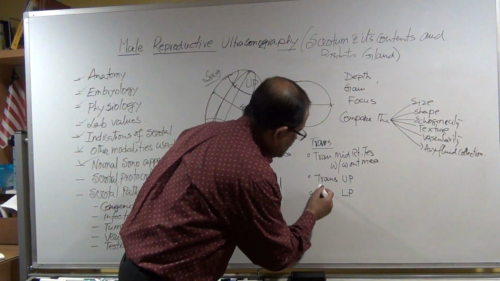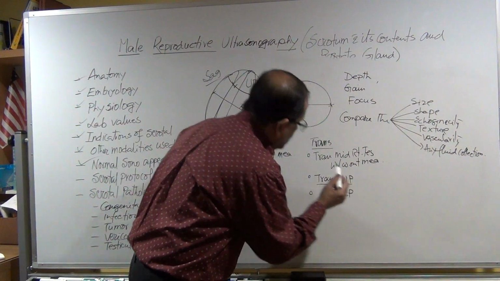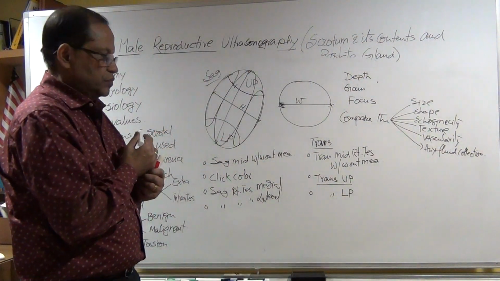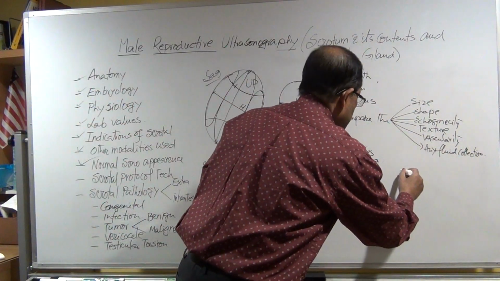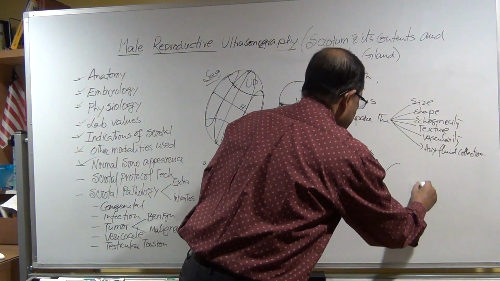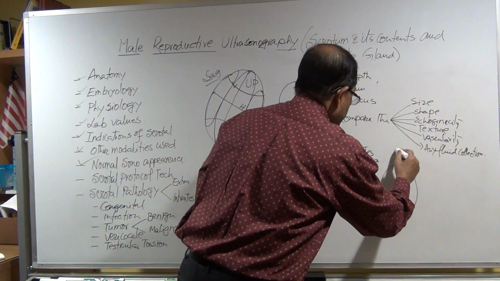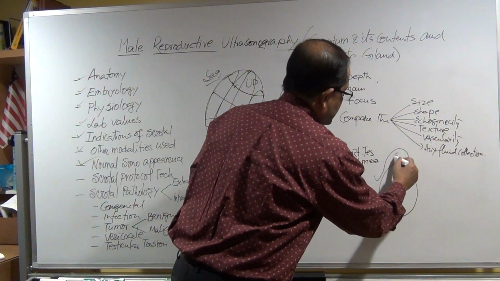Make sure when you do the trans upper pole, that means the testis is hanging like this and it has epididymis.